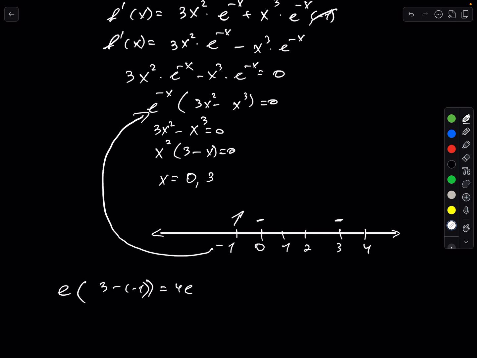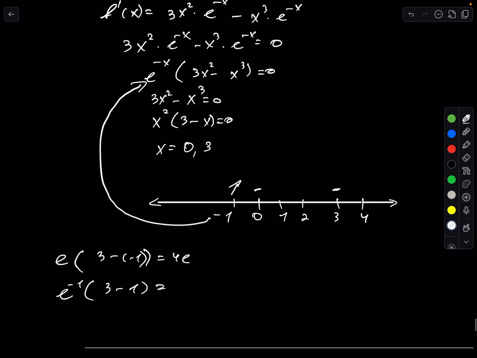So the derivative is increasing. Then we have just 1. Here we'll have 2 over e, which is also positive, so it's also increasing. Or am I wrong? No, everything is good. So far, so good.